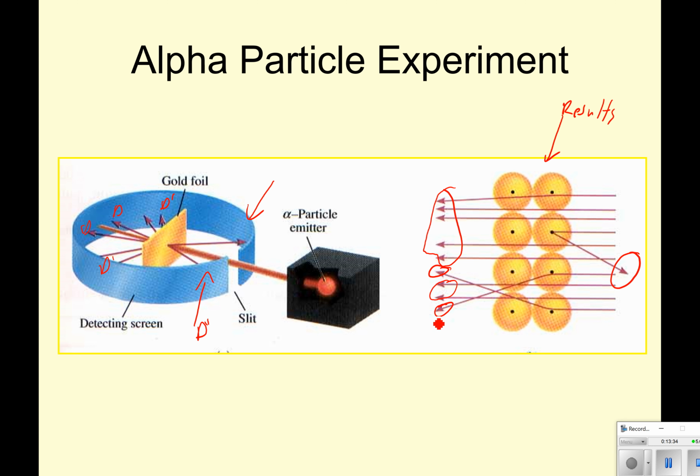So we see these couple that come off here because they're being repelled, and depending on the angle, we're seeing some that are being repelled straight backwards. And that's because of that positive-positive interaction. The positive alpha particle hitting the positively charged nucleus and interacting with it at short angles or at very sharp angles.